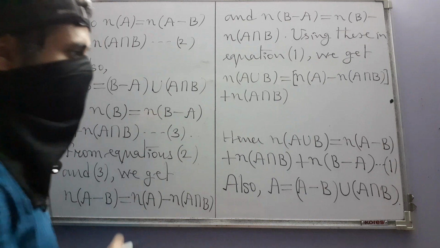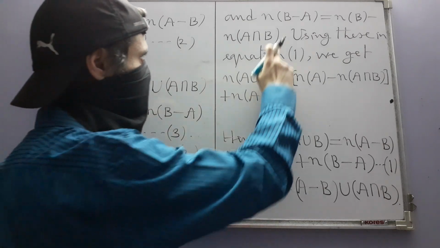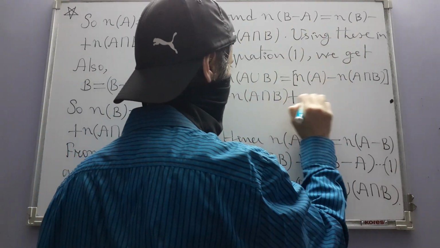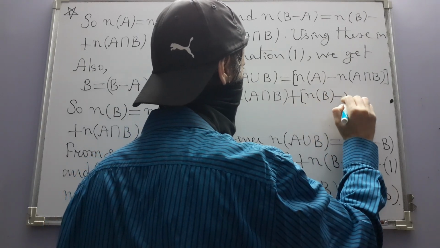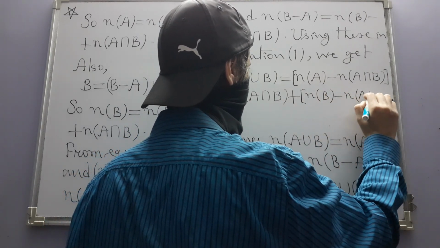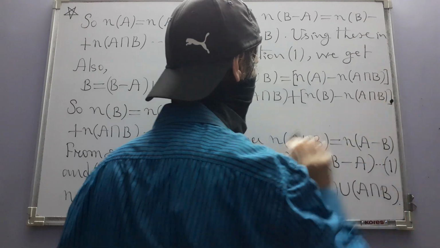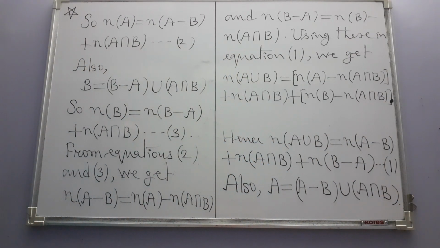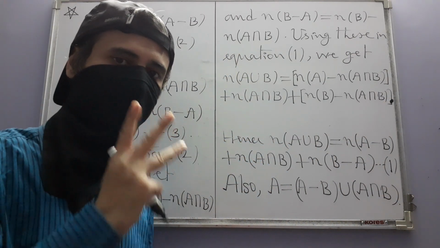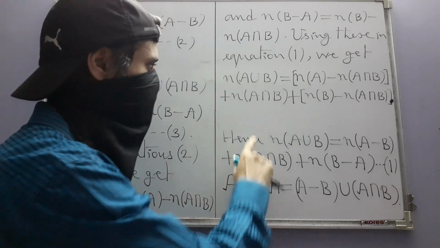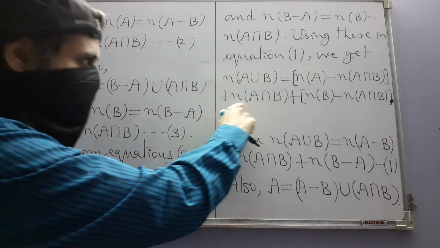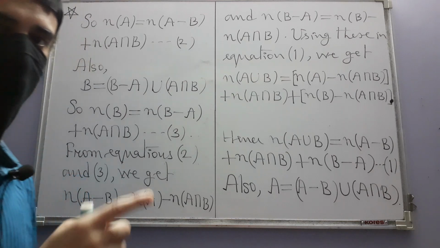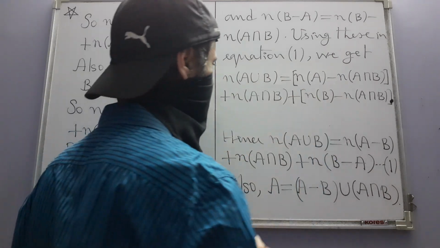And then we are going to write, in place of n(B difference A), this. That is n(B) minus n(A intersection B). Note that you have now got 3 n(A intersection B)'s, 2 of which are minus and 1 of them is plus. So that means 2 of them will cancel out and we will be left with a minus.